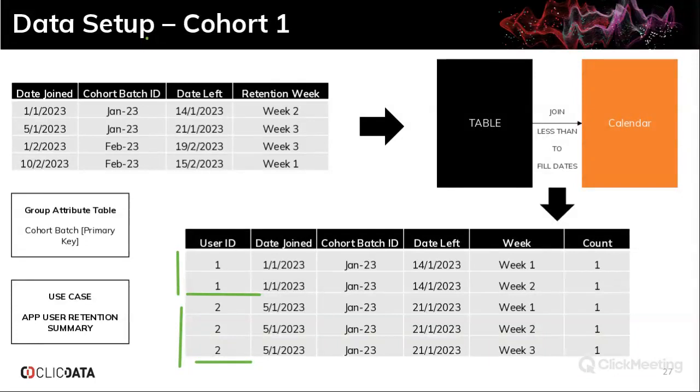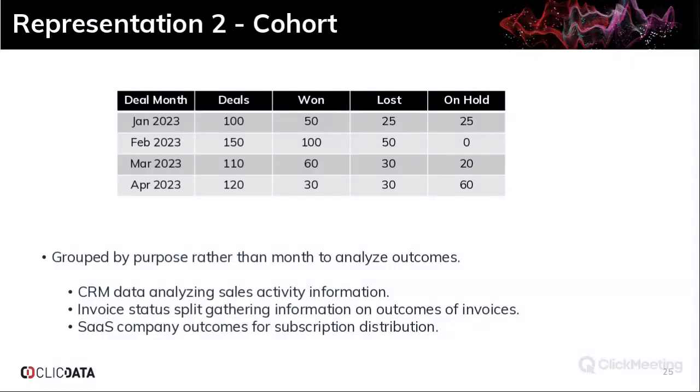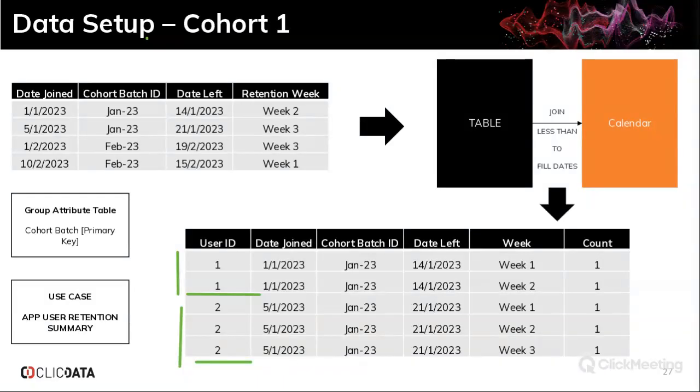Once I have the data structured in this way, I can easily go ahead and start creating a cohort analysis. Now I have a row that represents the user behavior at a particular given point of time, rather than just a single row that tells me when they started and when they left. For each week, I know if the user was still active, if the user was not active. And once I have that, it's a simple table that I need to create to come up with the representation.